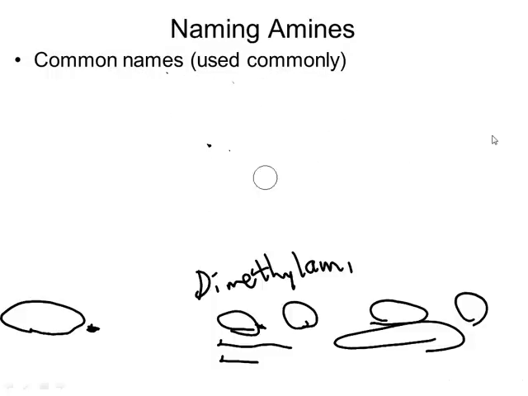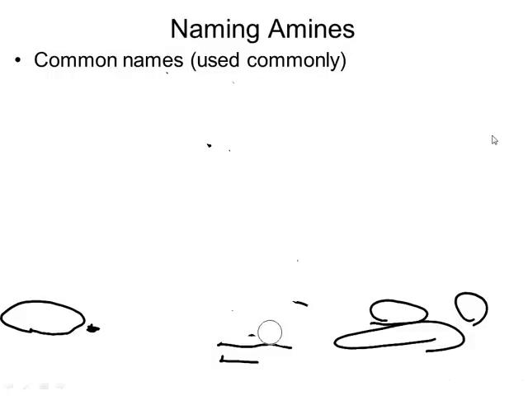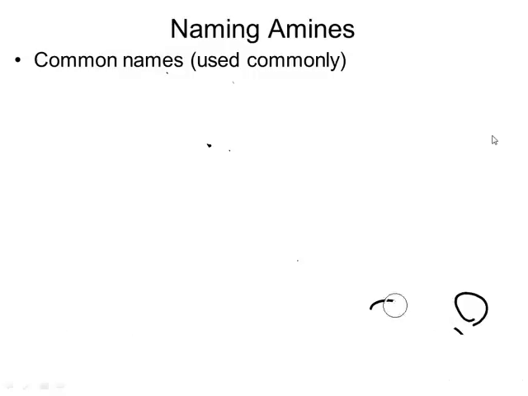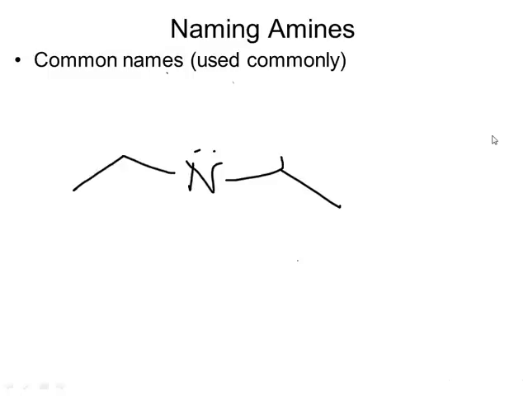And remember, when we do common names, the perspective is treating the branches as though they're substituents. So if we saw something like this, right? The two substituents we have, we have an ethyl group, and this is an isopropyl.